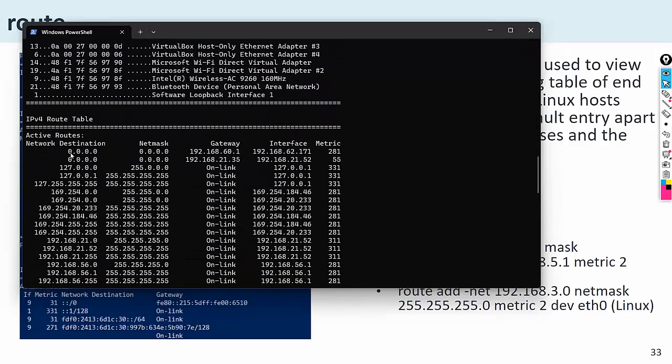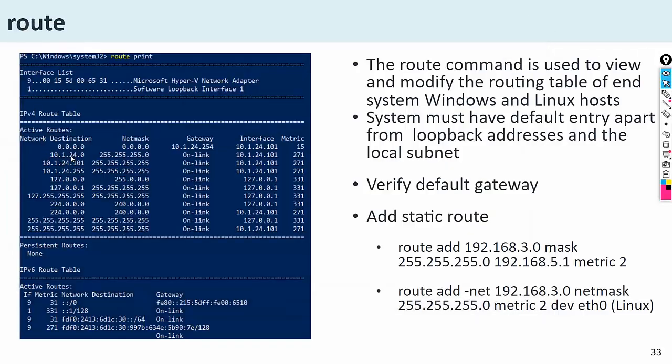For example, here 0.0.0.0 is sent to the default gateway. When you use this destination address, it will be forwarded to the gateway. Generally all the networks, all the routes are forwarded to the gateway itself. When you have a big network, you can add a static route inside your computer.